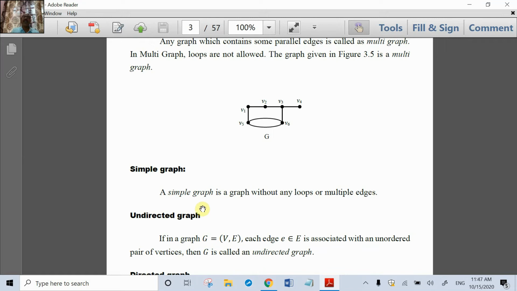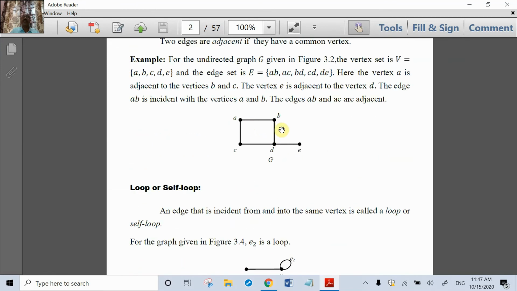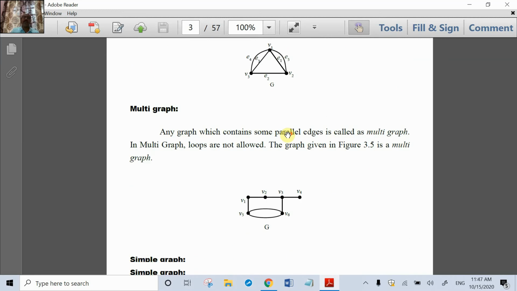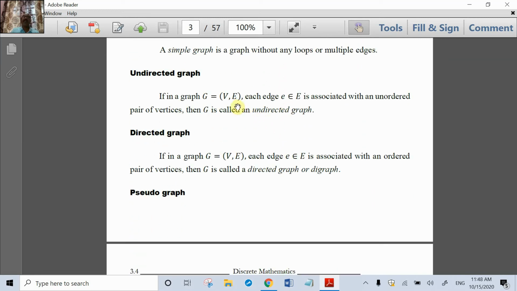Simple graph: a simple graph is a graph without loops or multiple edges. This is not simple. This is not simple. This is not simple. This is a simple graph. Now, undirected graph means there does not exist any direction with the edge.